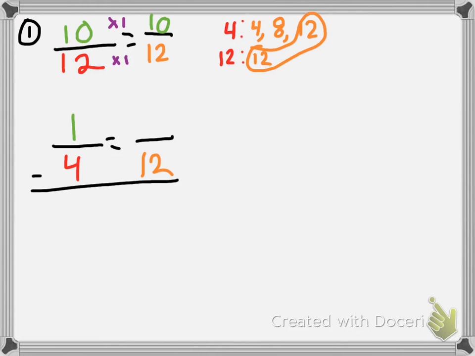But my bottom fraction, 1/4, I know that 4 times 3 is 12, so I have to multiply the numerator by 3 also. 1 times 3 is 3, and now I can just subtract the numerators only. 10 minus 3 is 7, and my denominator stays the same, 12. 10/12 minus 3/12 equals 7/12.